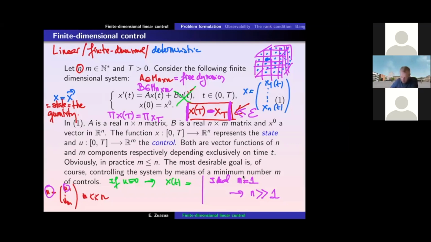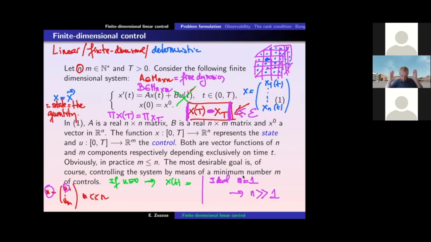So the action U has an impact on every component, and this impact is determined by the matrix B. In particular, when M is equal to 1, there is only one U(t). This U(t) is multiplied by the different components of the vector B, and this produces the right-hand side of the system. Okay, so this is the paradigmatic control or controllability problem.